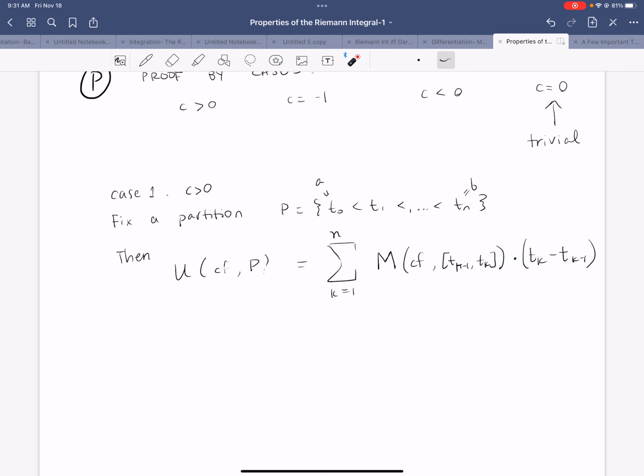And now the sup of c times f is just going to be c times the sup of f because c is positive, right? So this will be equal to c times the sup of f.